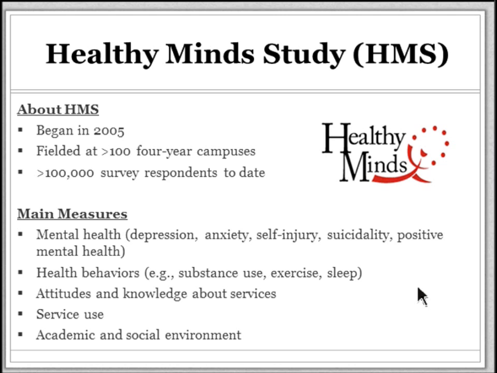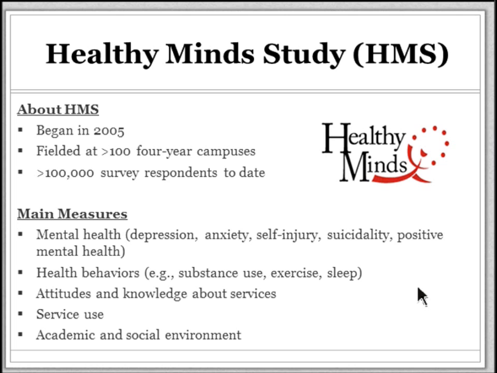The main measures included are, of course, mental health. We measure depression and anxiety using clinically validated screening tools such as the Patient Health Questionnaire 9 and the GAD-7. We also look at self-injury, suicidality, as well as positive mental health. So we're interested in the prevalence of mental health and also the correlates.